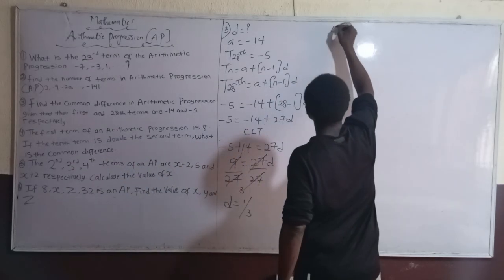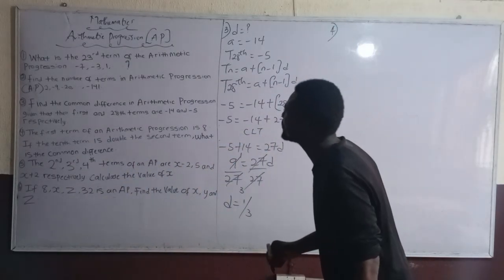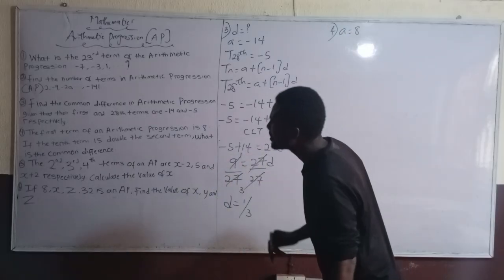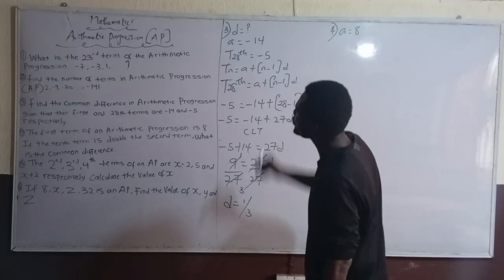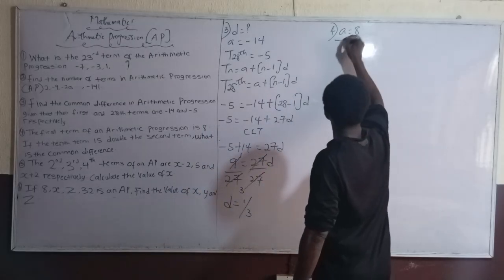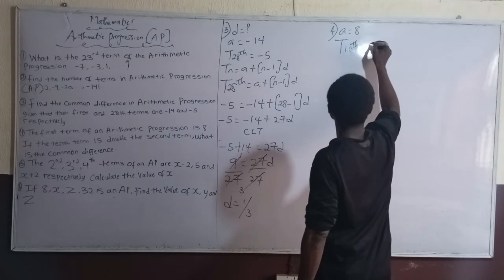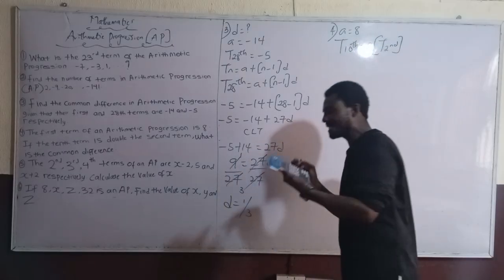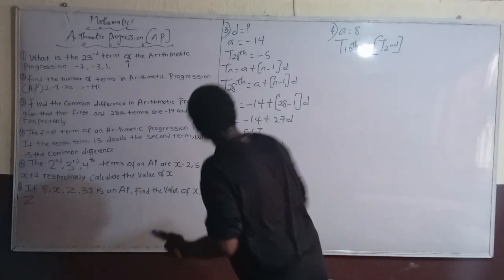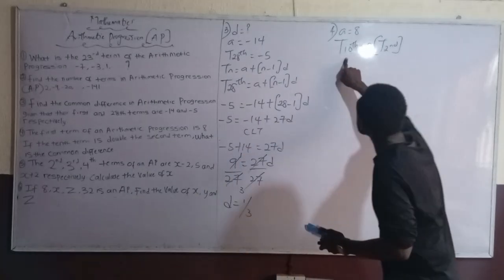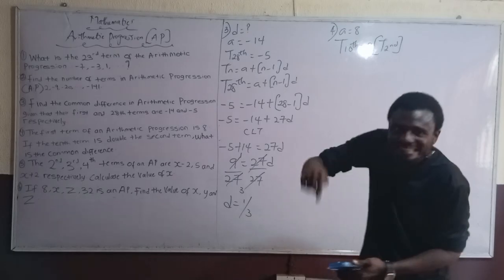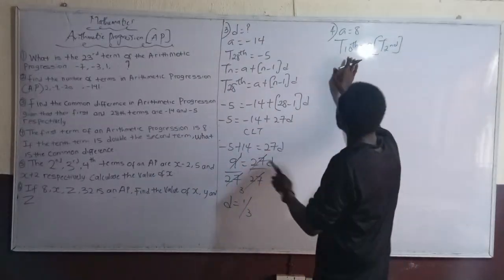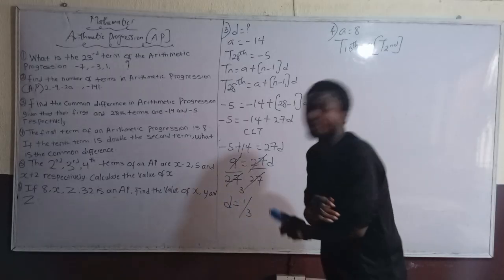Then I move to number 4. The first term of an AP is 8, A is 8. If the 10th term is double the second term, that is T10 is twice T2, find the common difference.